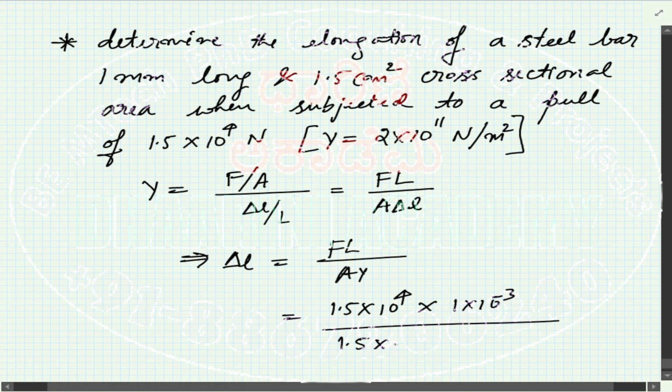If you want to convert this into meter square, I have to write centi is 10 to the minus 2, minus 2 squared becomes minus 4, into 2 into 10 to the 11.